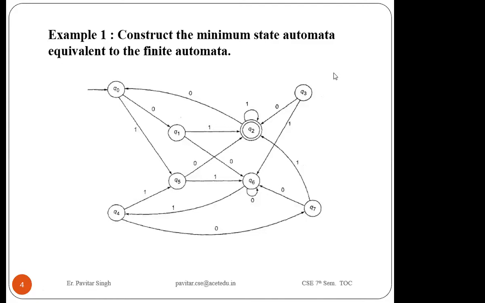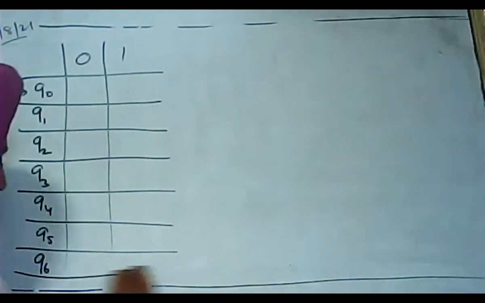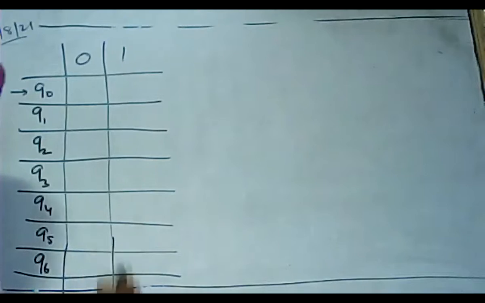Q0 is initial, Q1, Q2, Q3, Q4, Q5, Q6, right, and the last state is Q7.